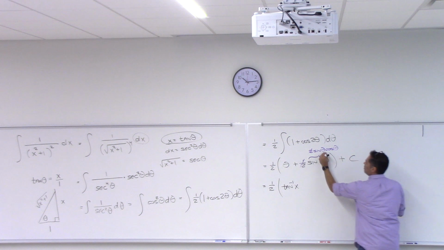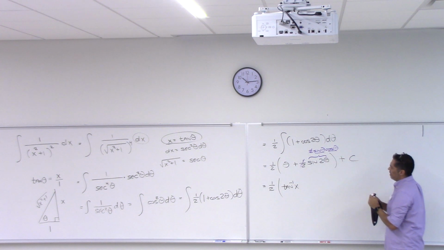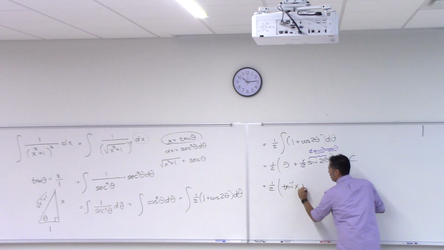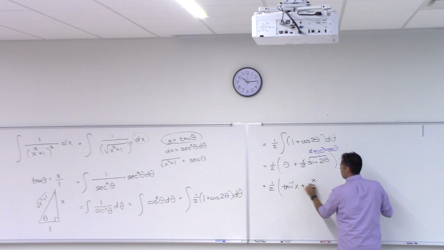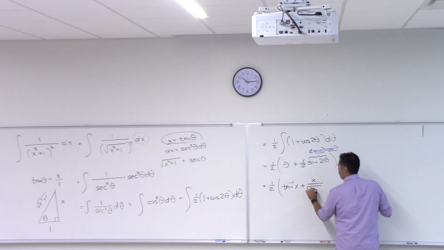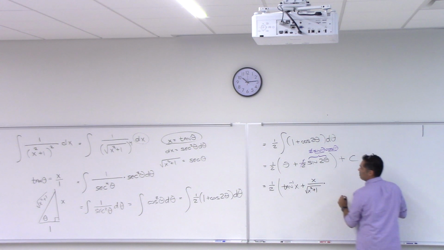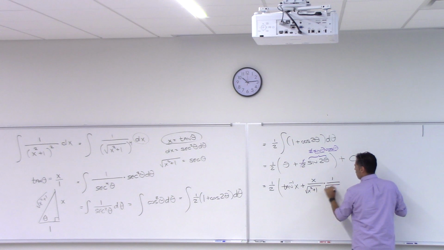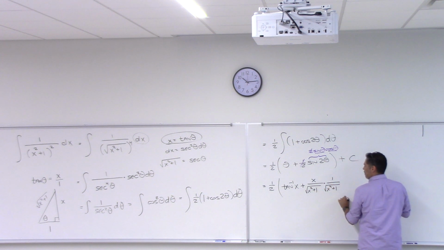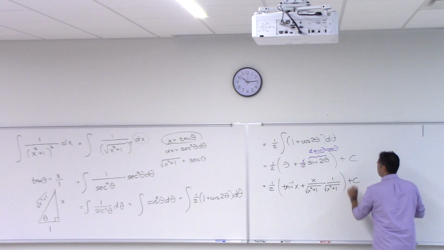So I just need to know what sine theta and cosine theta are off my triangle, plus right here. Sine theta is x over the square root of x squared plus 1, and cosine of theta is 1 over the square root of x squared plus 1, plus C.